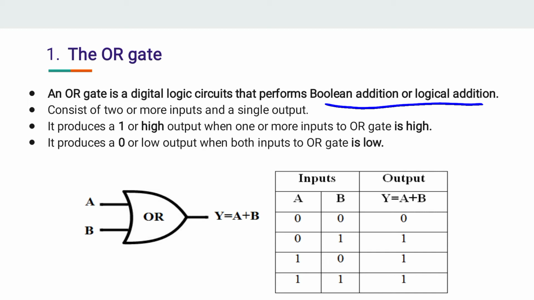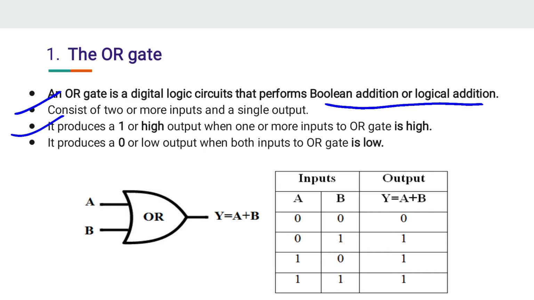It consists of two inputs and a single output. Second, the operation it has to do is the particular addition operation. So when you add these two inputs, we will get a single output. Let's see how the output will come.